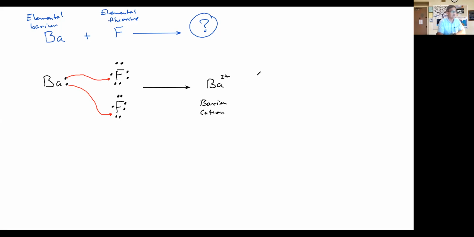And we also form two fluoride anions. We form 2 fluoride anions.